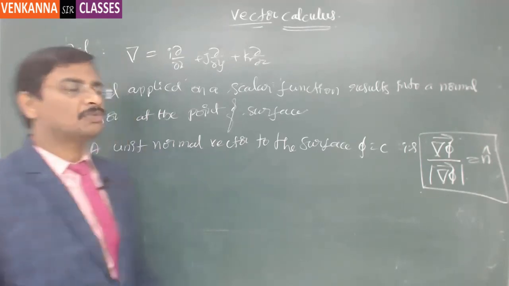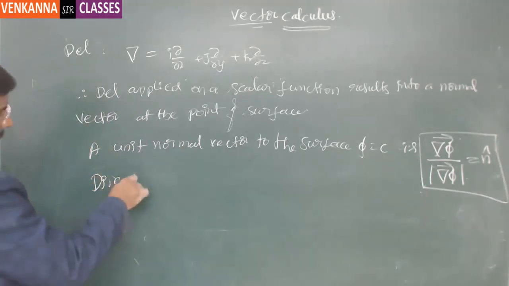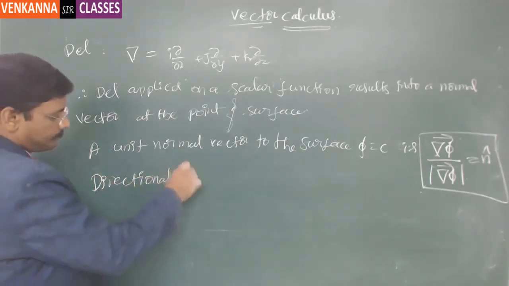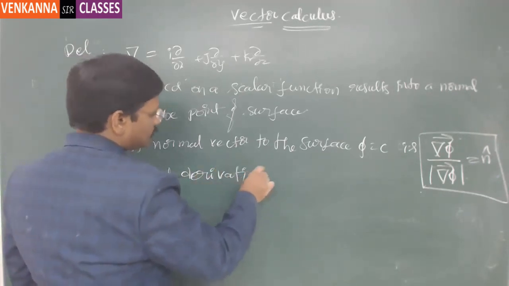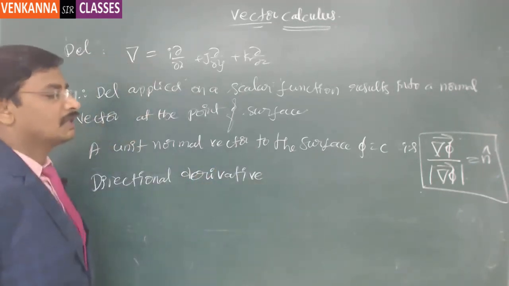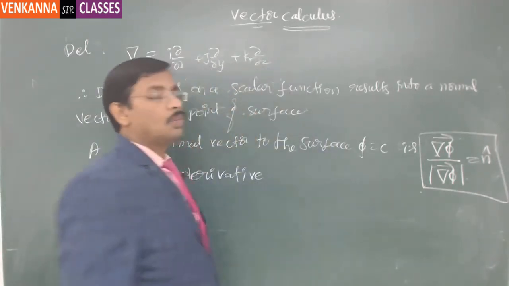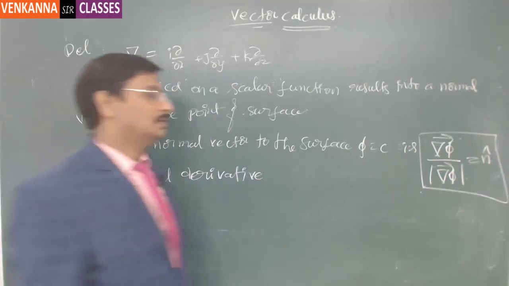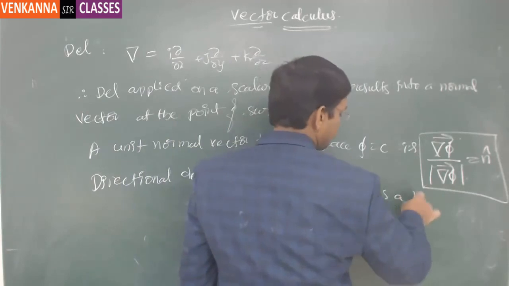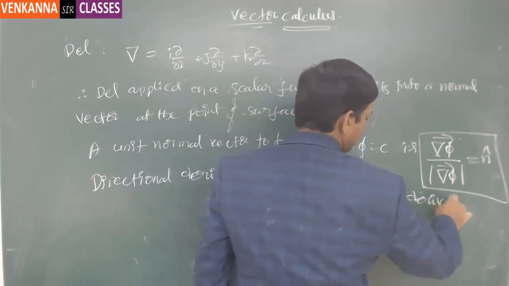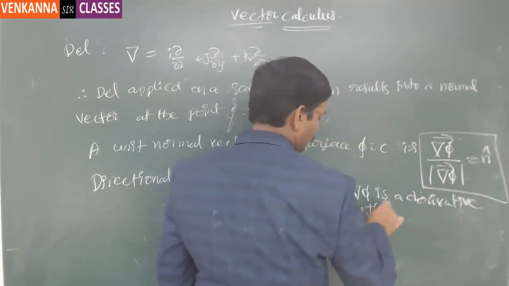And the other concept involved in this is the directional derivative. The directional derivative is nothing but, given a direction, what is the derivative value in that particular direction? Here del phi is a derivative in the normal direction, obviously.